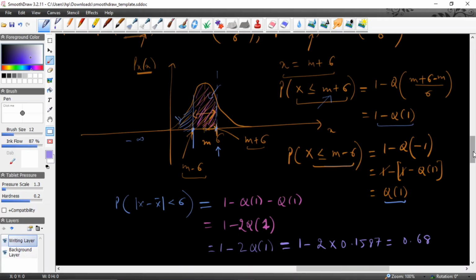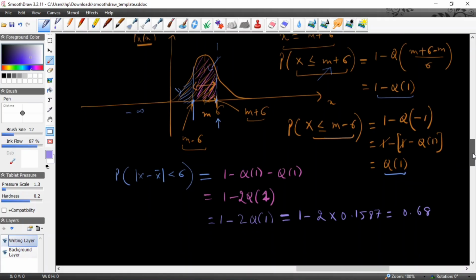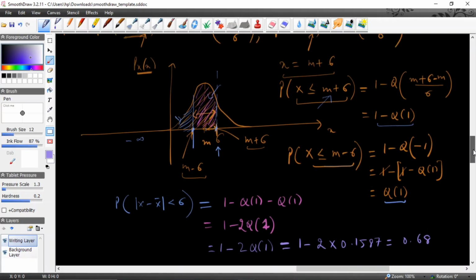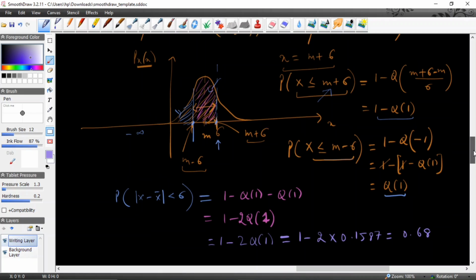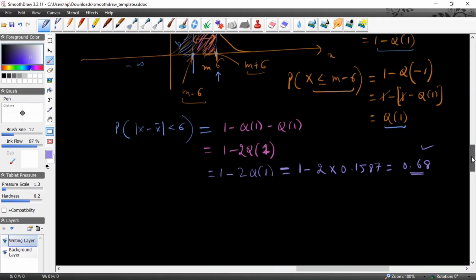It means the probability of the Gaussian random variable x having a value between m minus sigma and m plus sigma is 68%. So 68% of the values of the random variable will lie between m minus sigma and m plus sigma.